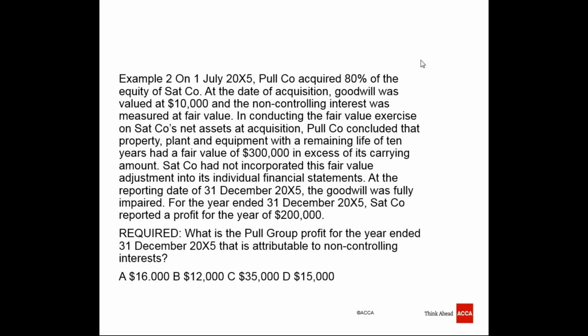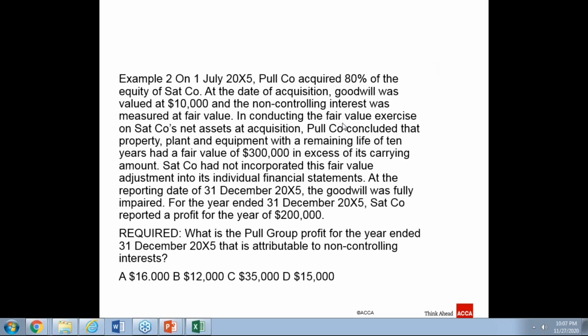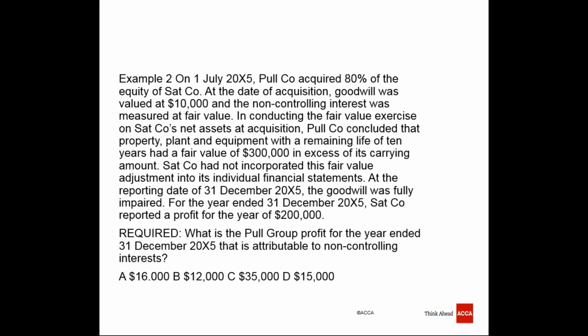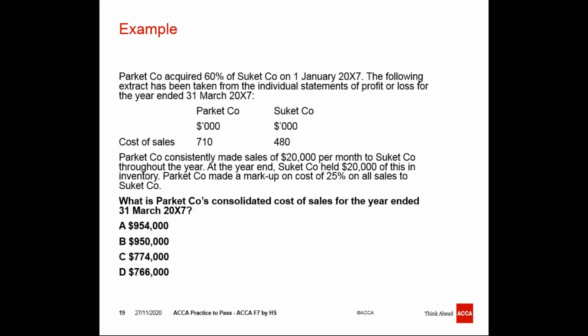Okay, let me tell you. They're asking what about the gain of 300,000? 300,000 will be the gain at the rate of acquisition, which is not going to impact the NCI. For the NCI, you have to use the format that I told you guys previously.